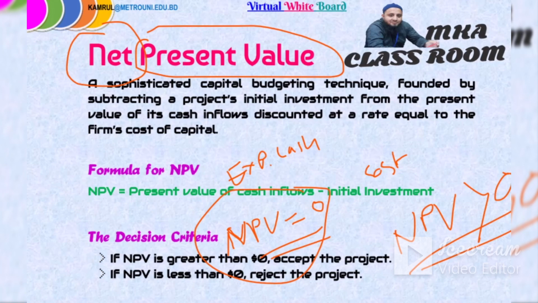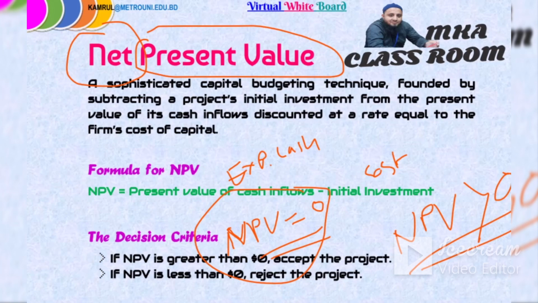But generally a financial manager tries to avoid such decisions, NPV equal to 0, because it cannot enhance the firm value, just a waste of time for the firm. The firm has no benefit or profit by investing at NPV equal to 0.